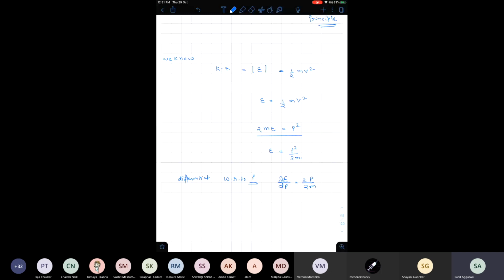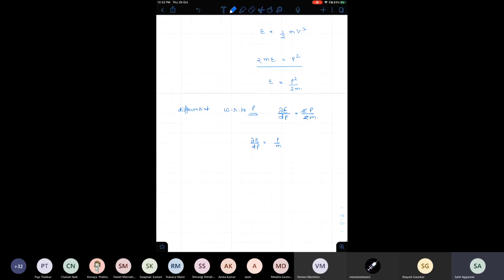Any doubt in this differentiation? dE by dp is equal to p by m. p is equal to m into v, so m cancels and dE by dp is equal to dx by dt, which is equal to velocity.